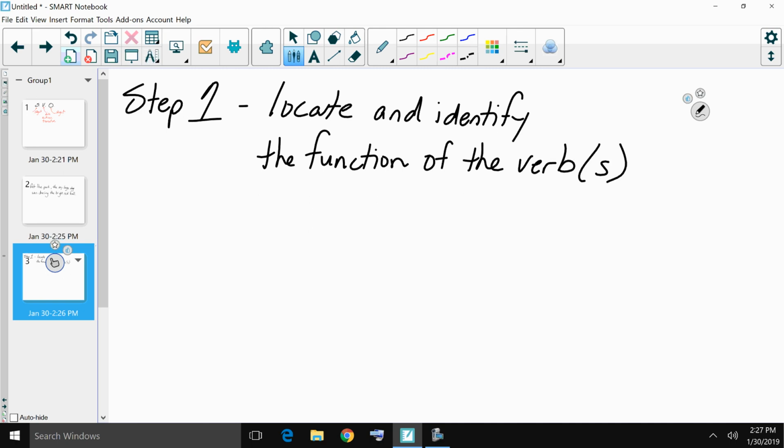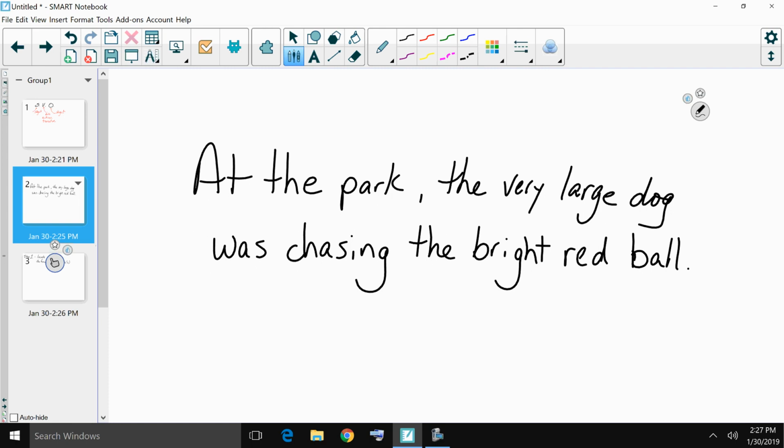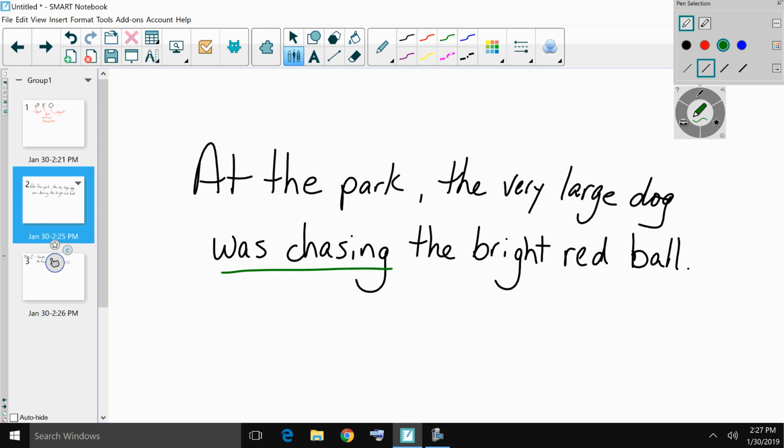I put the S in parentheses because not every sentence has more than one verb. However, sentences can have more than one verb. You have to identify the function of every single verb. Where's the verb and what's its function? Shlok. Was chasing. Its function? Action. Very good.